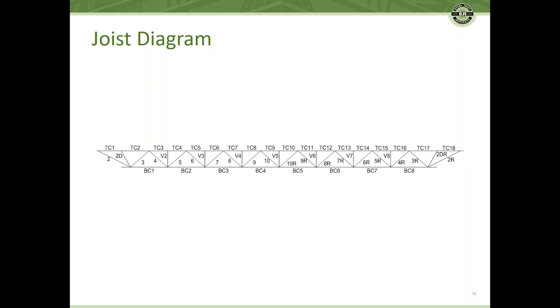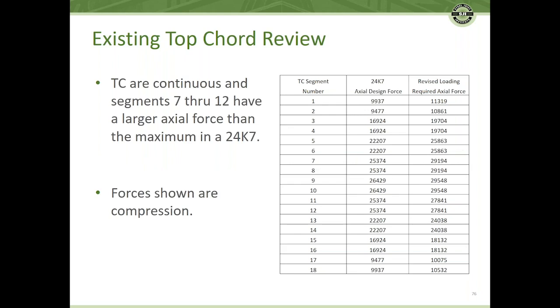We've got top chord sections, you can see TC1 through TC18, and then bottom chord sections, BC1 through BC8. When we do an analysis, you can see that the top chords that are continuous in segments 7 through 12 have a larger axial force than the maximum that was in the 24K7.